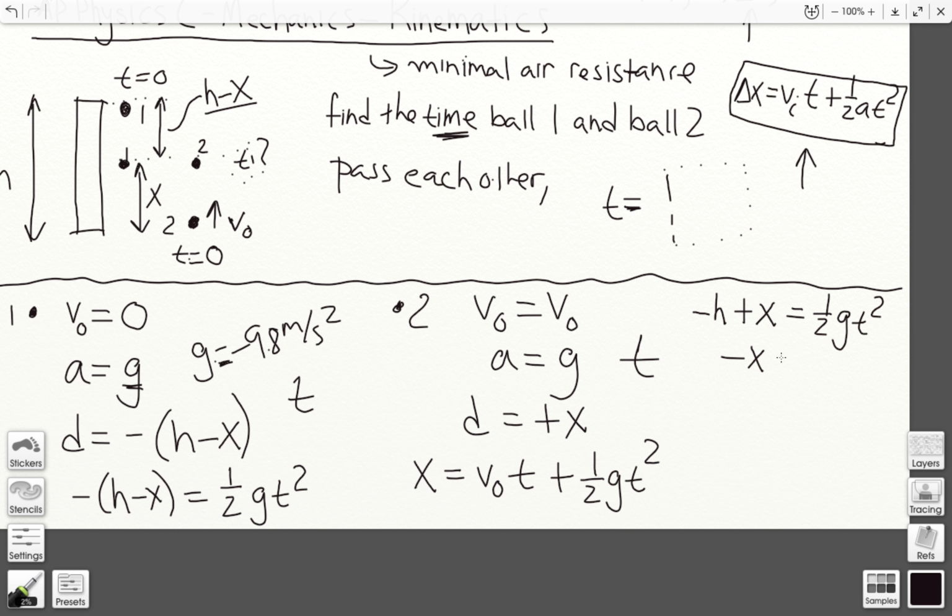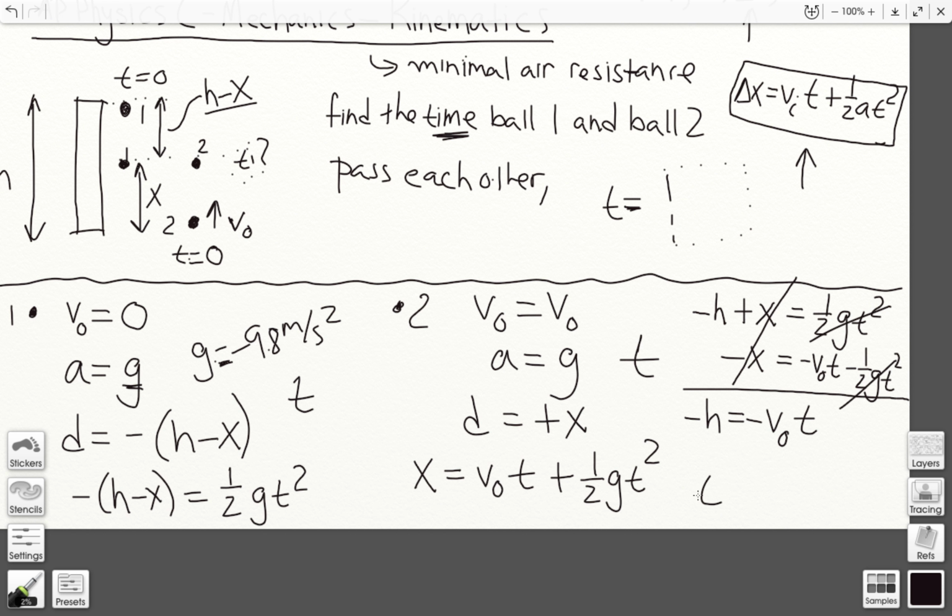Negative x equals negative v naught t minus 1/2 gt squared. The reason I did that is that now I'm going to add these two equations together. So these x's cancel out. I get negative h equals, and another thing that will cancel out is this 1/2 gt squared and this negative 1/2 gt squared. So then I'm left with negative h equals negative v naught t.